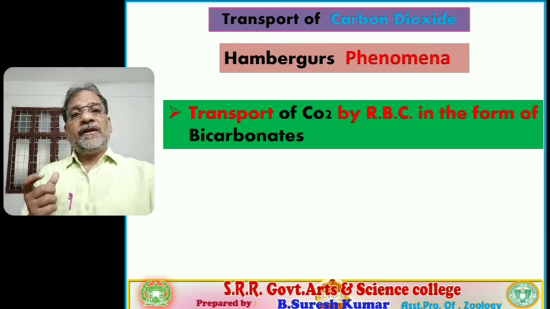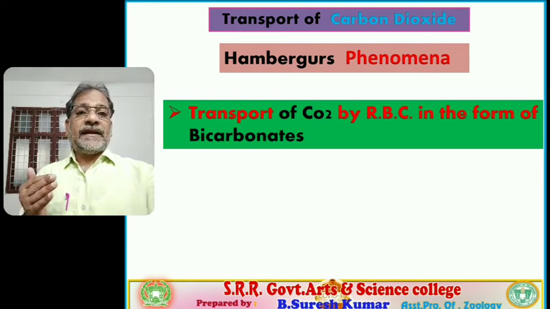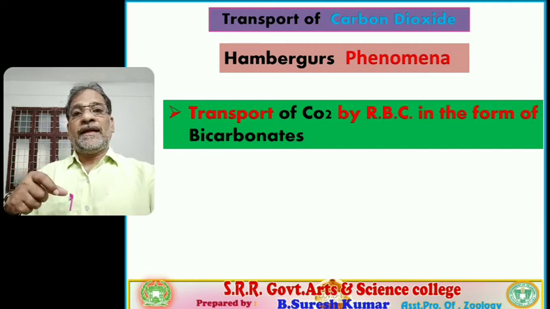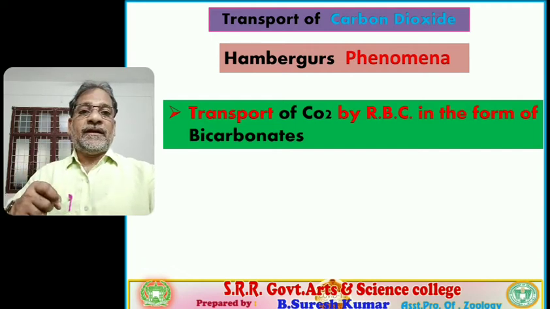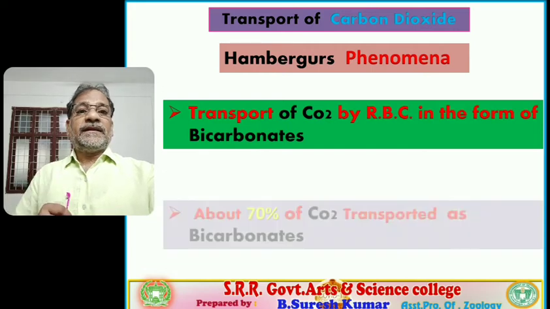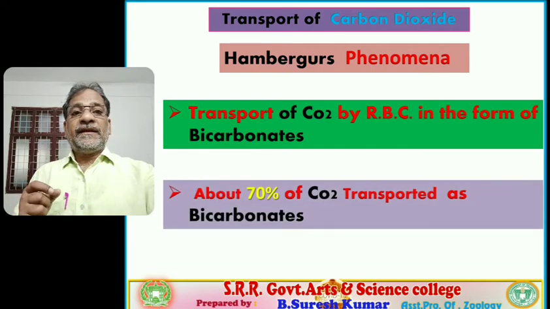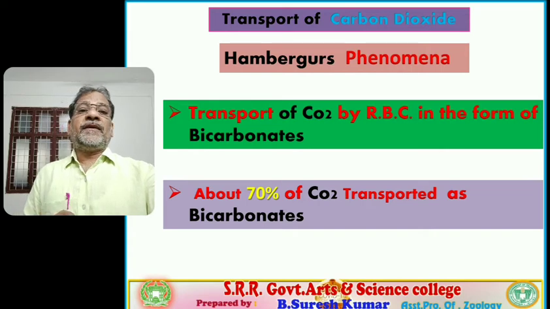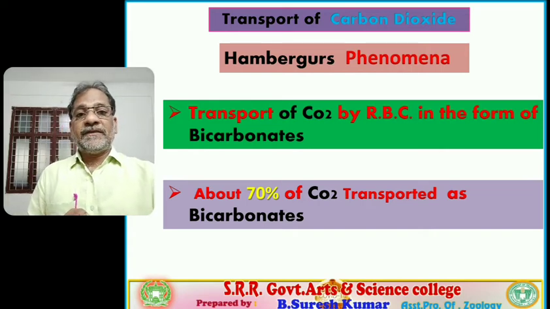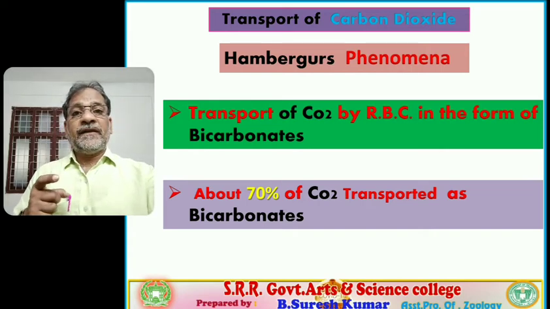Simple. So the carbon dioxide gas is transported by RBC in the form of bicarbonate. That is Hamburger's phenomenon. Approximately 70% of carbon dioxide is transported as bicarbonate. Remember, students, it is very important. Why?